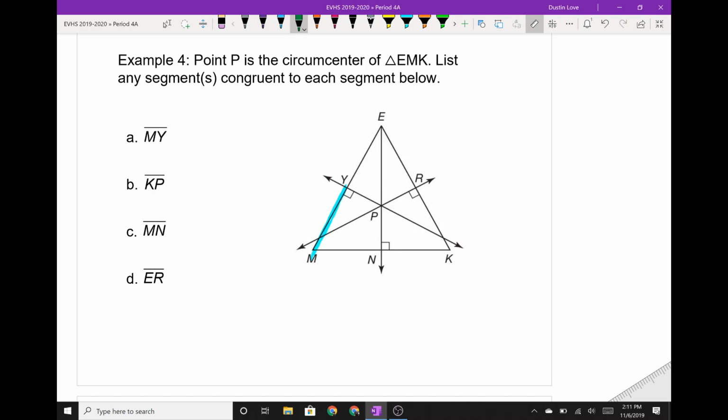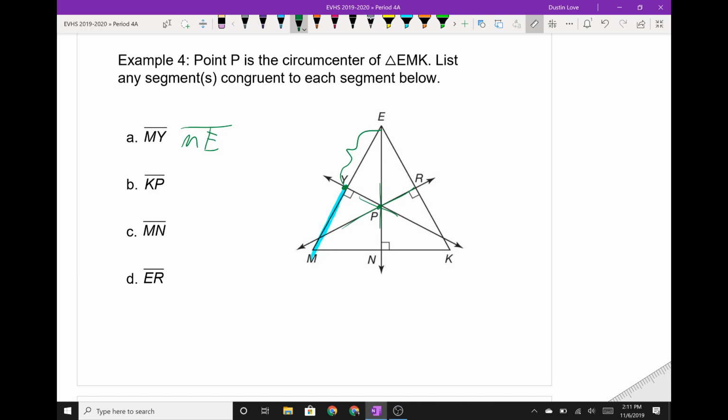The intersection of the perpendicular bisectors. So, if P is the circumcenter, then all 3 of the lines coming out of it are perpendicular bisectors, which means that point Y is the midpoint of ME. So, MY has got to be congruent to YE, because point Y is a midpoint.